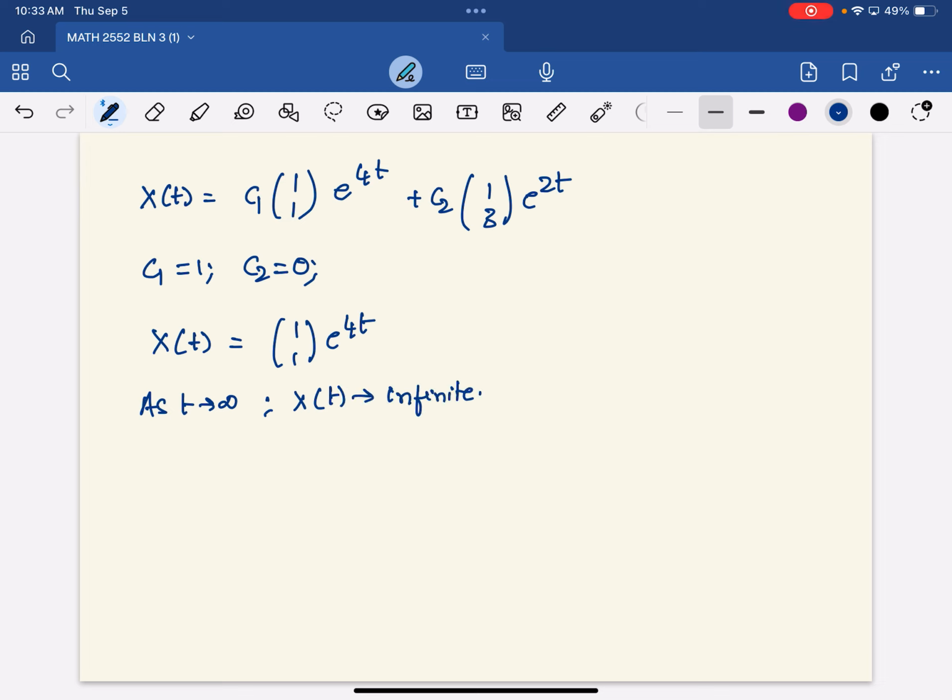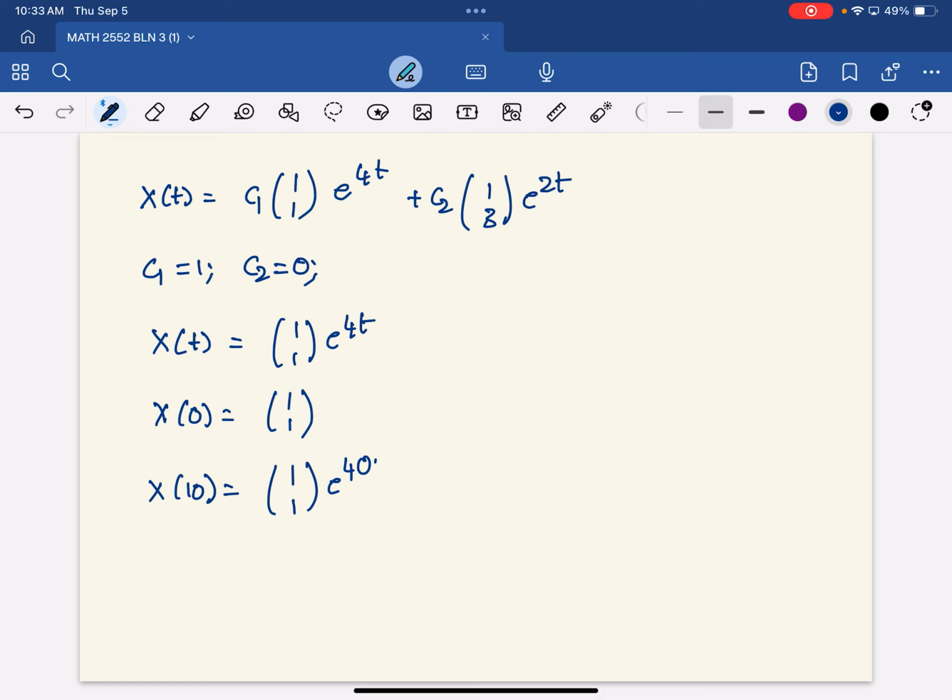This doesn't give you the contrast. So x of 0 is (1, 1). Do you agree with me on that? But x of 10 would be what? (1, 1) times e to the 40. So that has grown, right? So that means it has traveled further away from the origin.